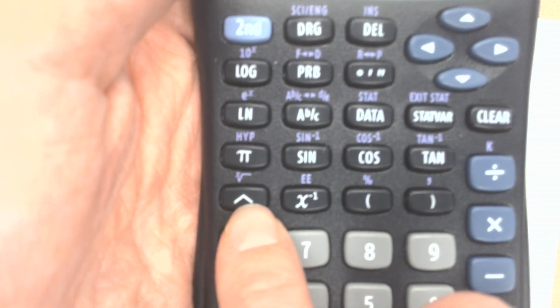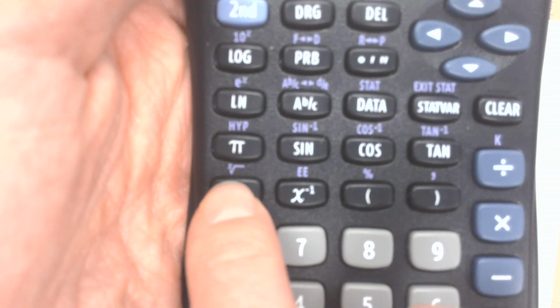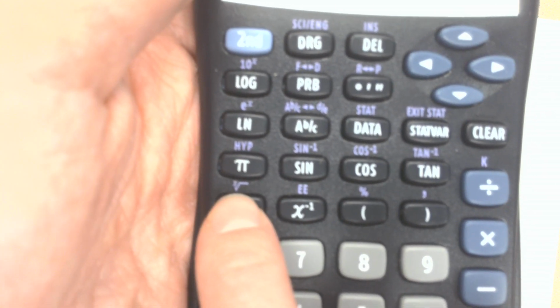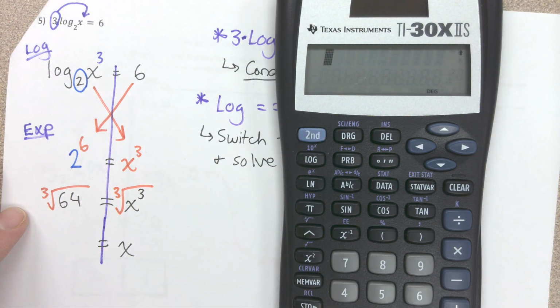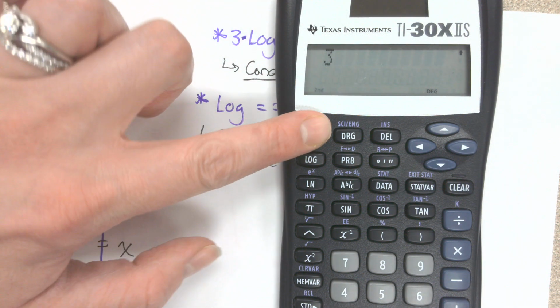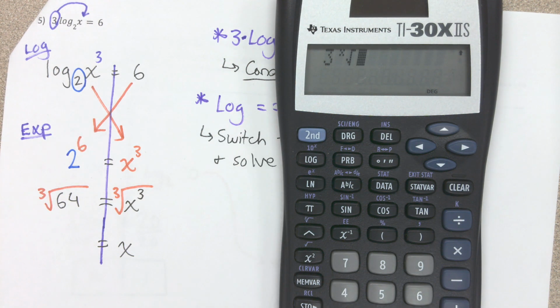And then you have the caret, and above that, it's kind of hard to see, but that's an x. That x can be any number. That's the root I have to use. But first I need to tell the calculator which number I want it to be. So you hit the 3 first, and then it's second caret, and the calculator reads this as a cube root, and then the number underneath, so 64, goes next. Cube root of 64 is 4. And that is our answer.